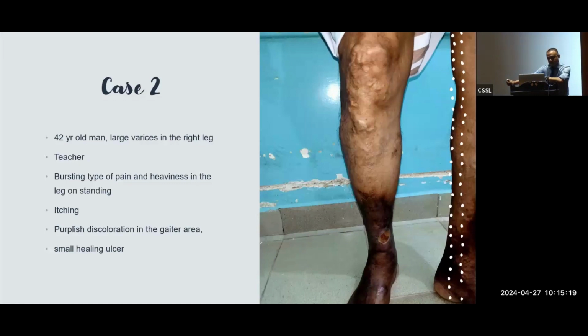The recent evidence from the EVRA trial says that if there's a small healing ulcer, then treating the underlying truncal reflux with laser ablation or radiofrequency will expedite the ulcer healing itself. So in this kind of patient, there is no contraindication to go ahead with definitive treatment of the truncal reflux. Actually, it might be beneficial and it might hasten his healing process.